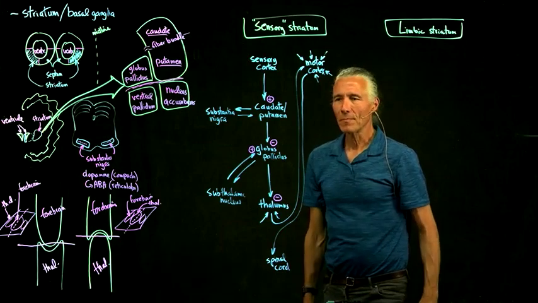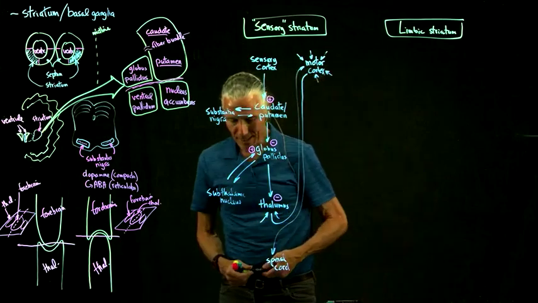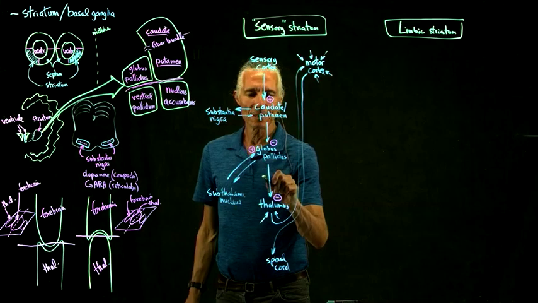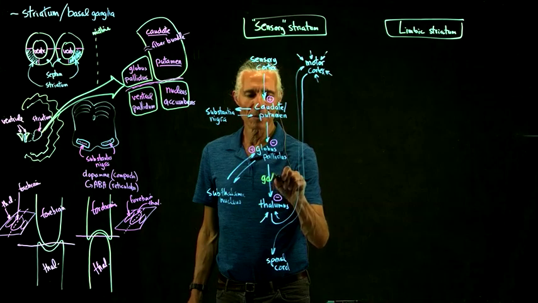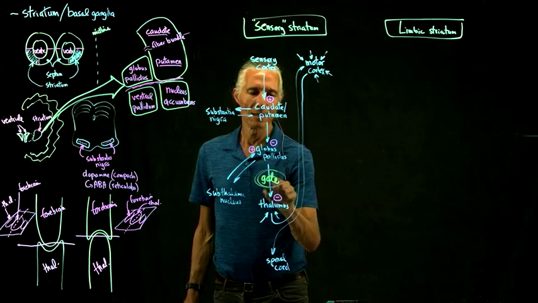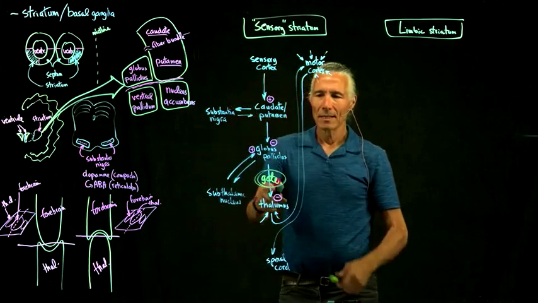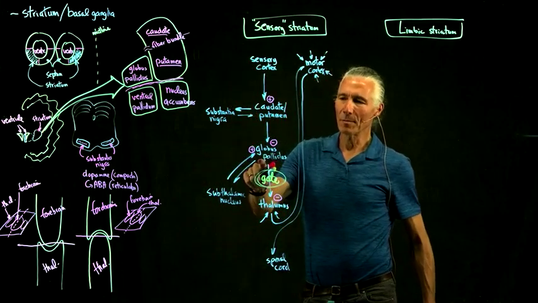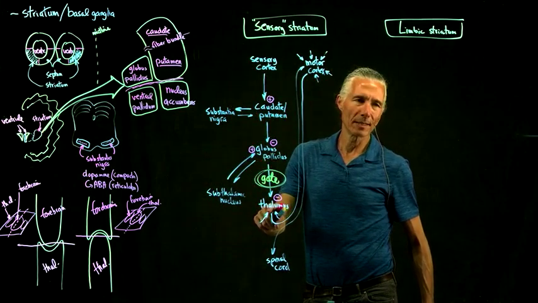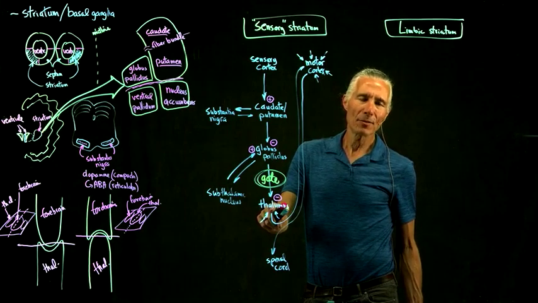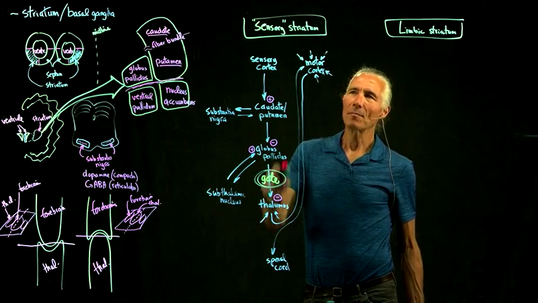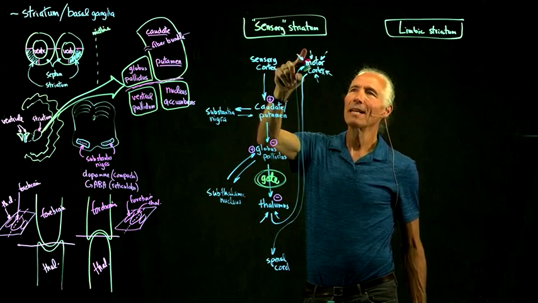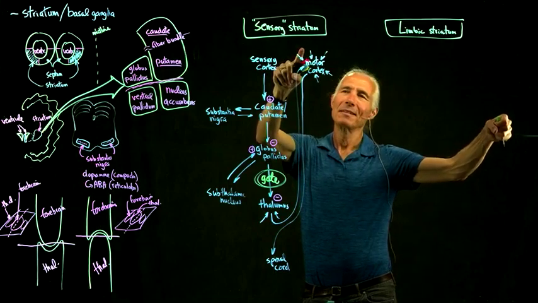So if we look at this, what we see is that this connection right here serves as a gate, because the globus pallidus is inhibiting the thalamus, stopping the thalamus from doing stuff. So maybe somebody else in the cortex said, I want to grab that thing.